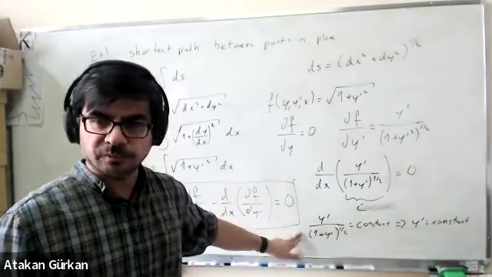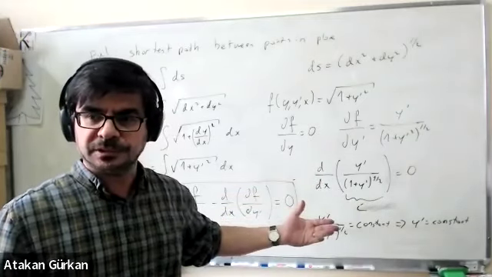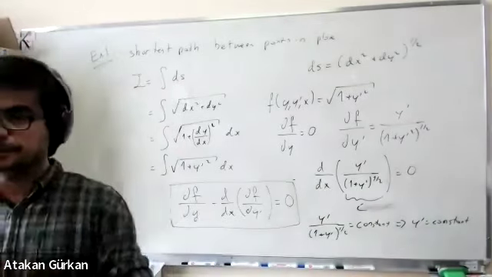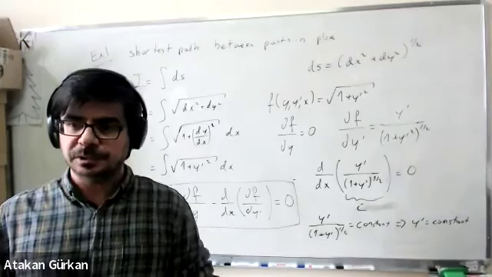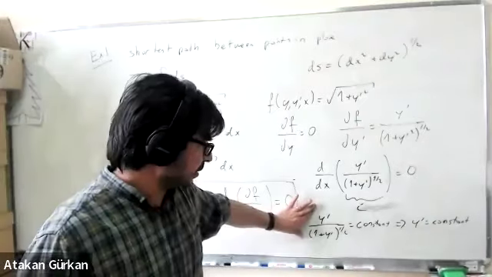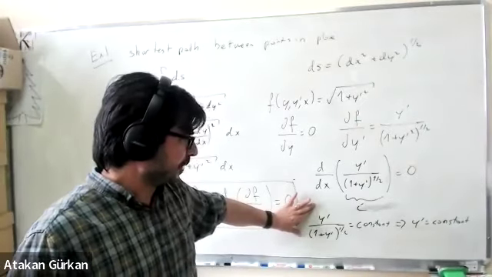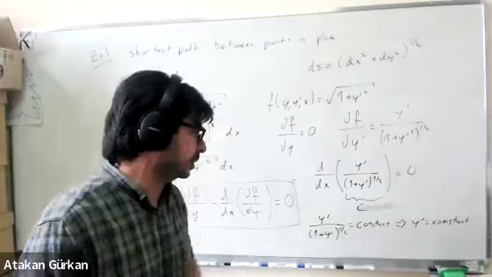You'll just solve it for y prime. You're going to find it's just some constant. It's an algebraic equation, not a differential equation. So just take this and solve it for y prime. I call it C. Let's do it.